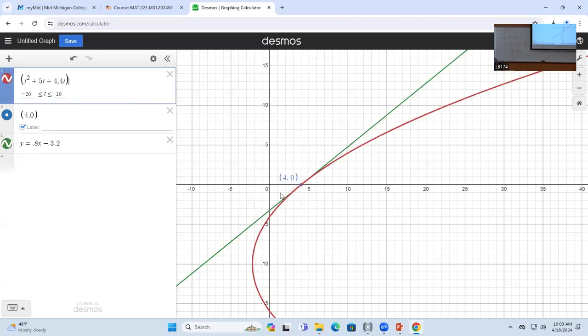So now that's the tangent line at the point (4, 0).